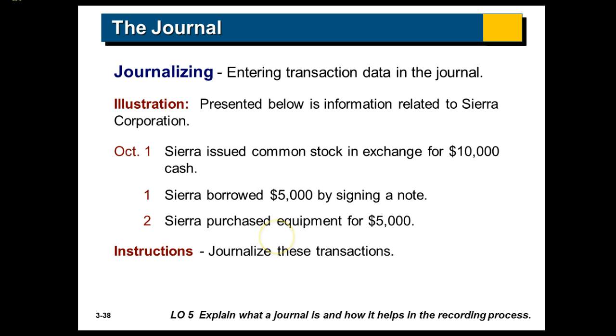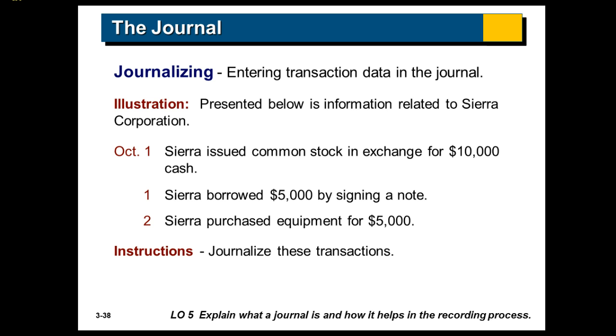And so in this scenario, we're going to take these three various transactions and we're going to journalize them. Now, we initially talked about knowing what account it's in and if it's increasing or decreasing an account. So we're going to take it a step further and really do some accounting work and journalize these transactions.